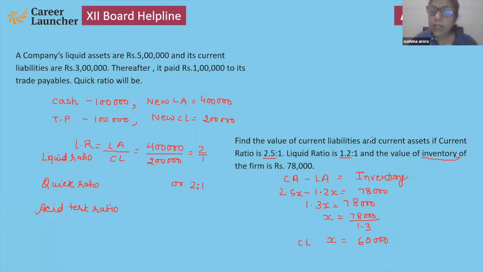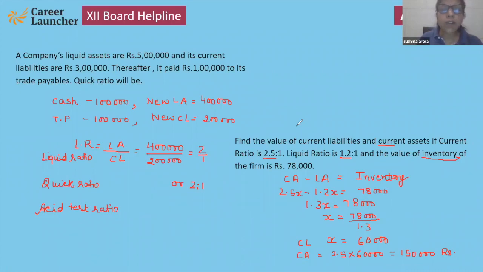Now they are asking you about current asset. Simply, when you multiply it by 2.5, you will come to know the value of current asset. That is 1,50,000 rupees. Got it? Yes, children, give me the answers. Are you able to understand or not?